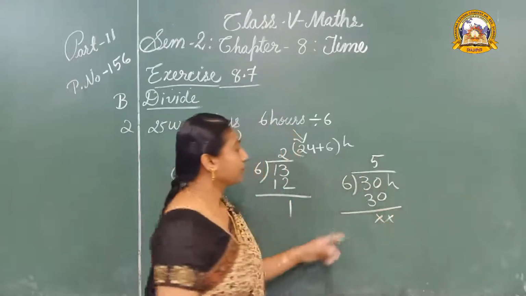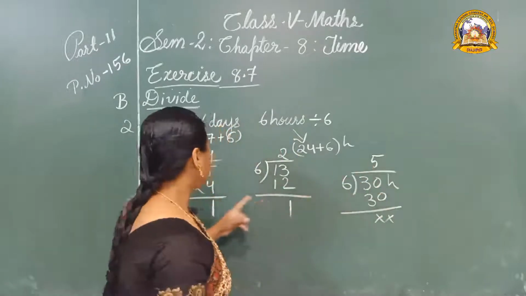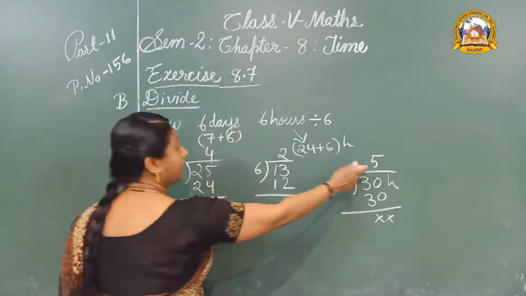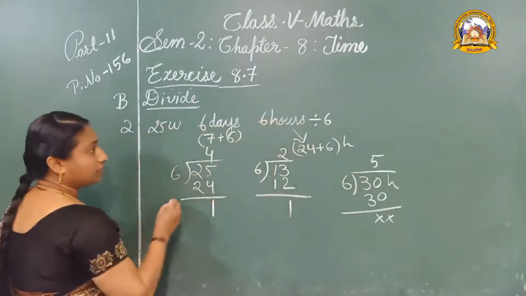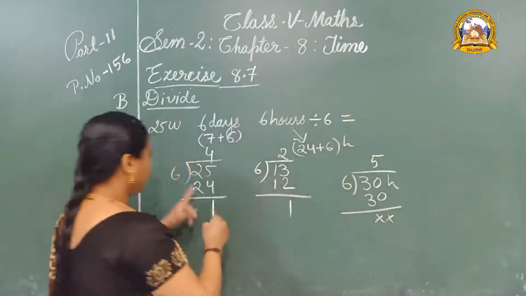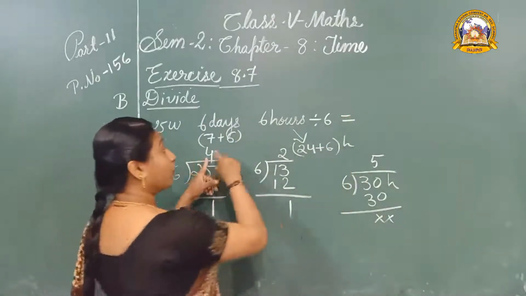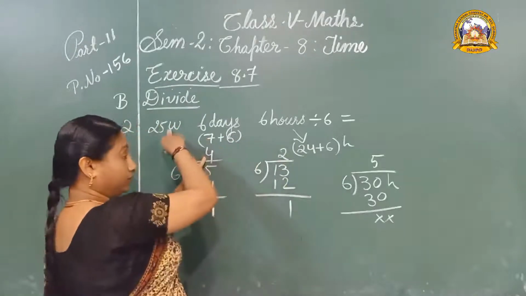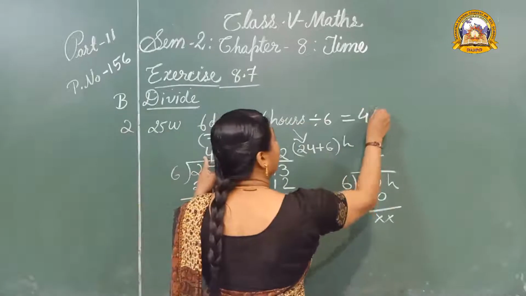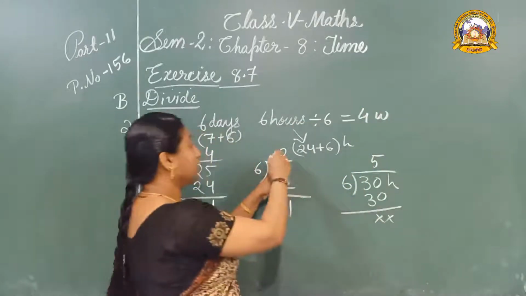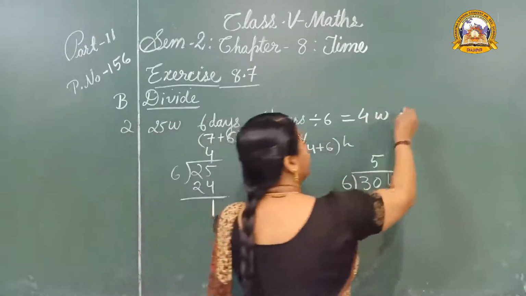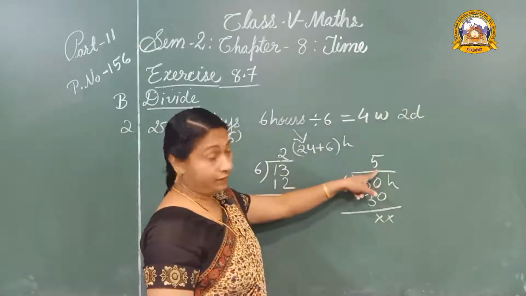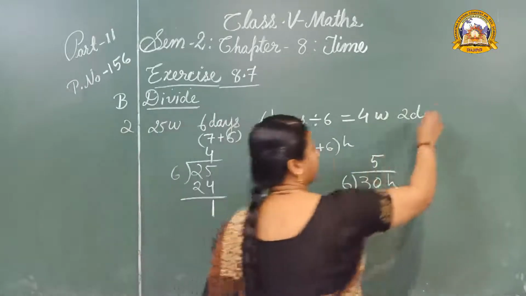0, 0. Quotient 5. Now let us write 4 weeks, 2 days and 5 hours is equal to, what is the quotient? 4. Only we can write the quotients. Okay. 4, first one weeks, 4 weeks, and then next column days, 2 days, and next quotient 5 hours.